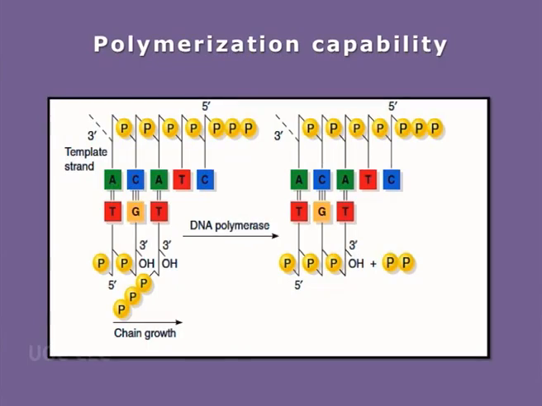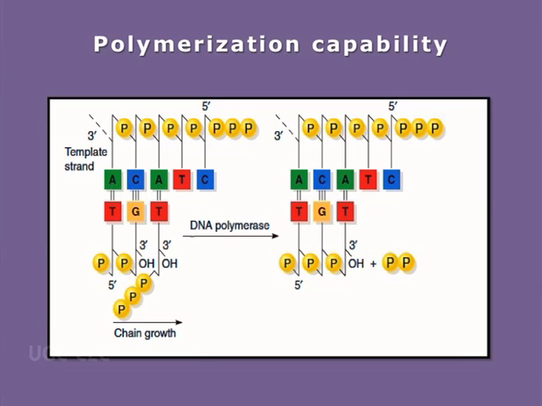Now, what is the basic common property of all of these polymerases? All of these polymerases have the polymerization ability. What does it mean? Let's see this slide. What can we see? There is a template and there is a growing DNA chain.